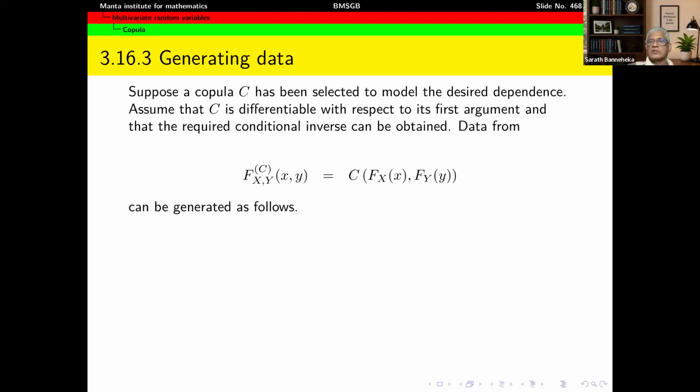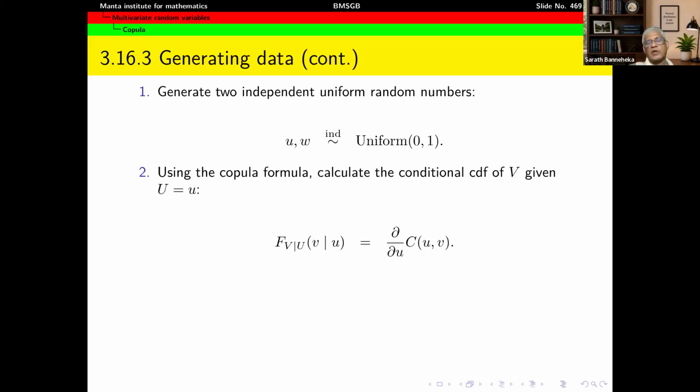We will discuss that later, because otherwise it will not be clear if I explain it right now. So what is required is, first of all, get this expression here, joint CDF, generated by some well-known copula. And then we will be generating data as described here.